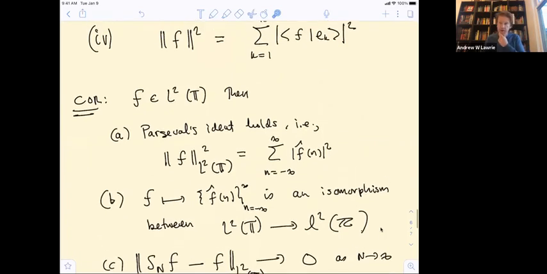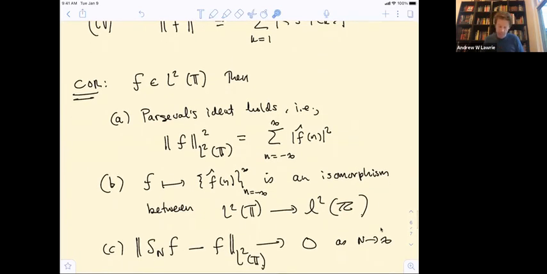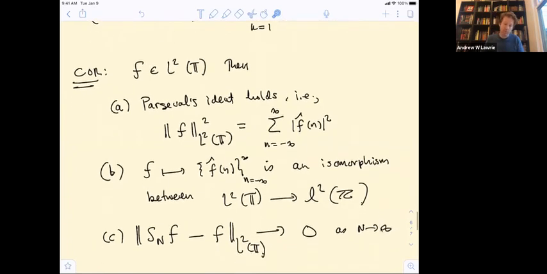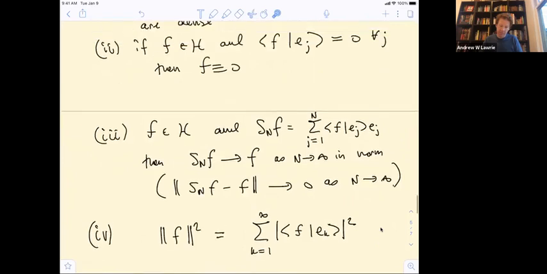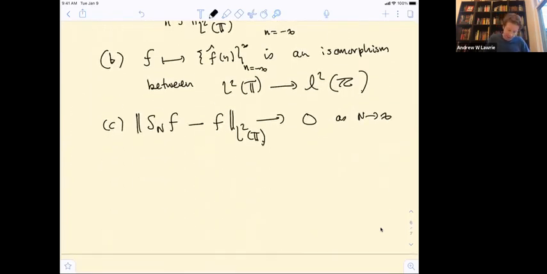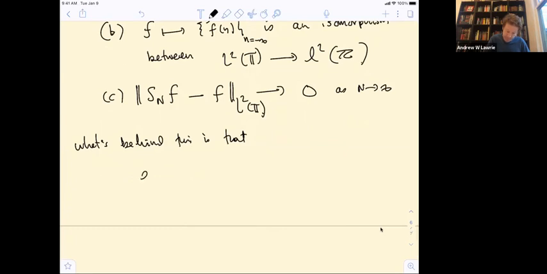Okay. So we'll formally write down the proof of this corollary, but you can see the elements here. The key ingredient, or what's behind this, is that EK is an orthonormal basis.